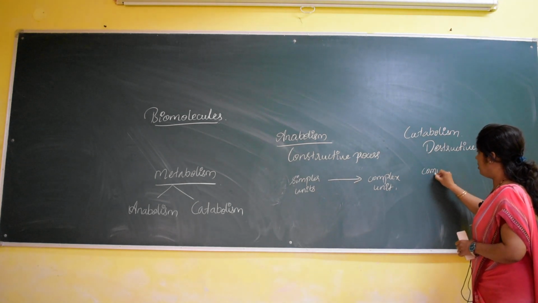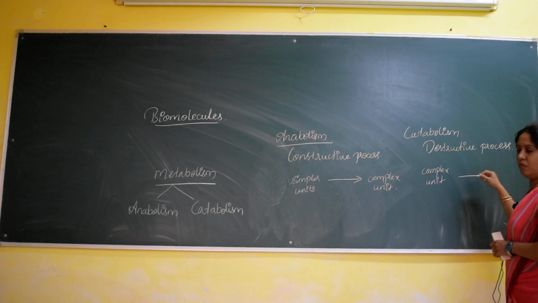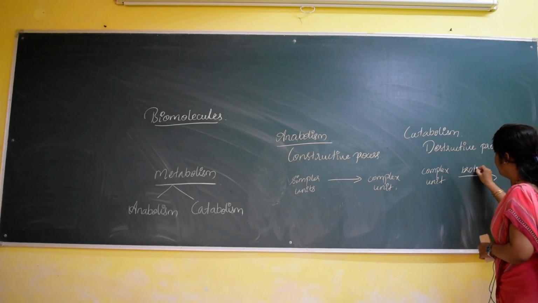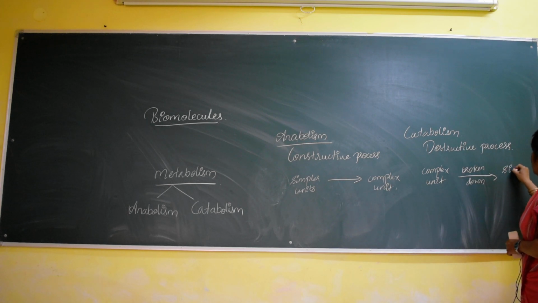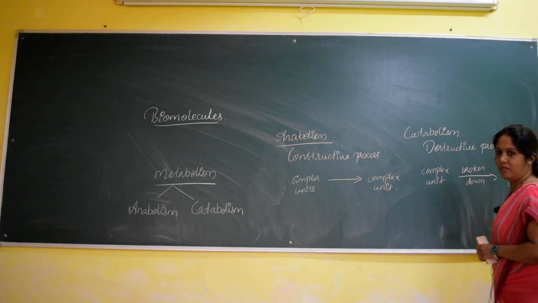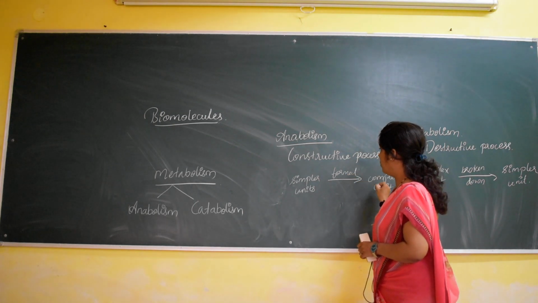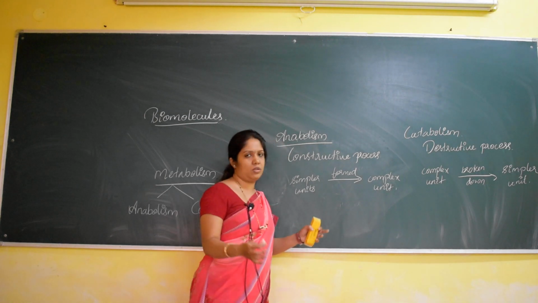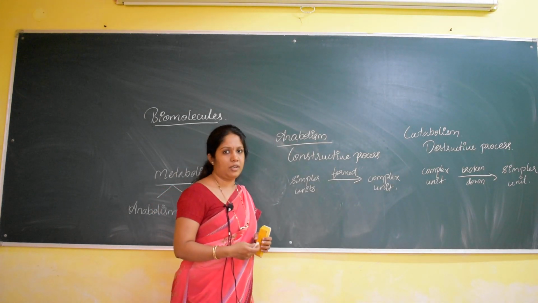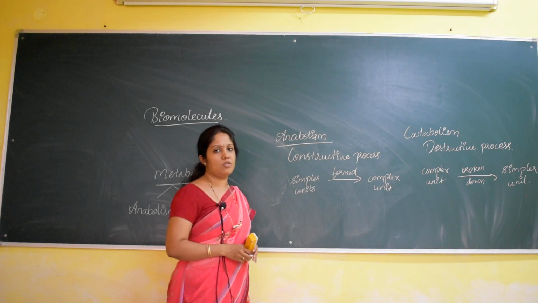The complex unit is broken down into simpler units. Whereas in anabolism the simpler units are combined or united to form a complex unit, in catabolism the complex unit is broken down into simpler units.